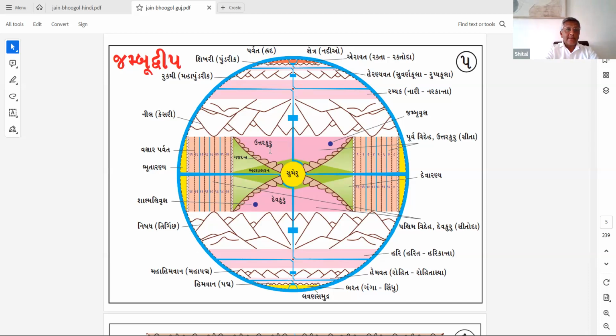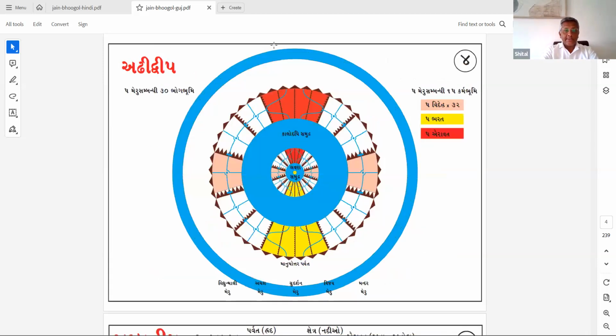And let's see what else I need to cover. What we've seen here in Jambudweep, we see exactly the same formation in the eastern side. So the eastern side also has 6 mountains, 6 Kulachal Parvats. You see them here, the bike-spoke-shaped ones. If we look at the Dhatki Khan, you will understand.